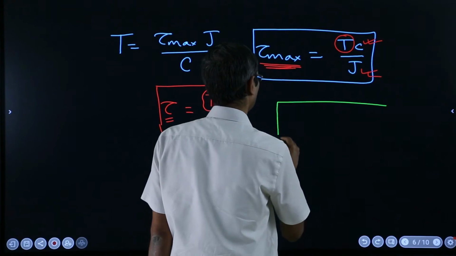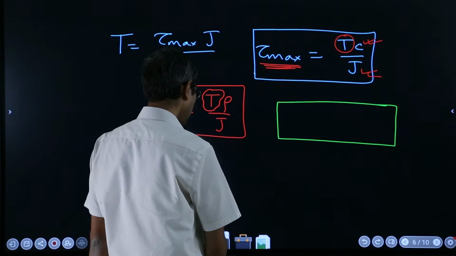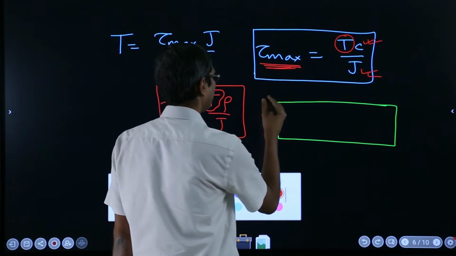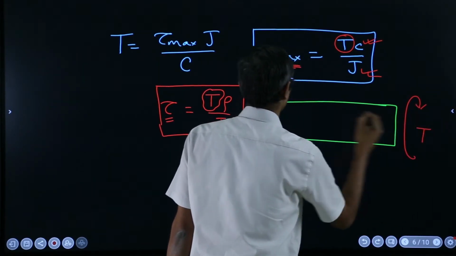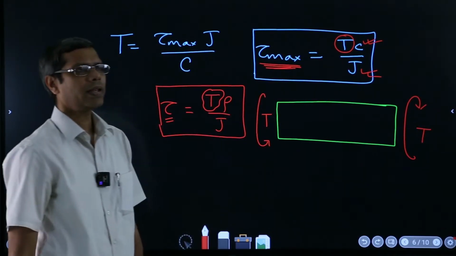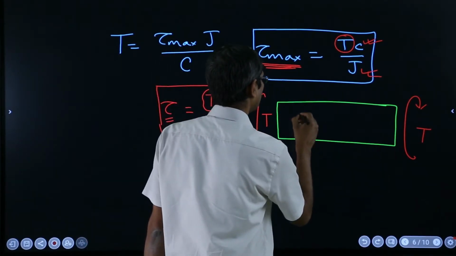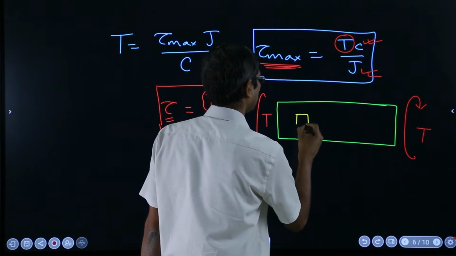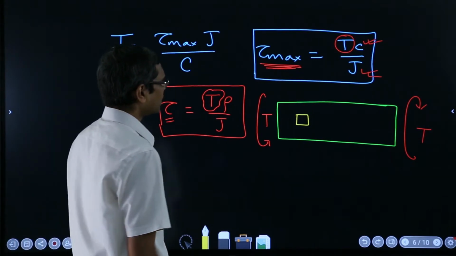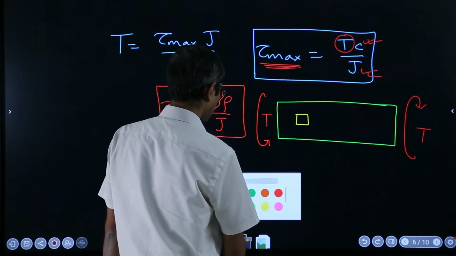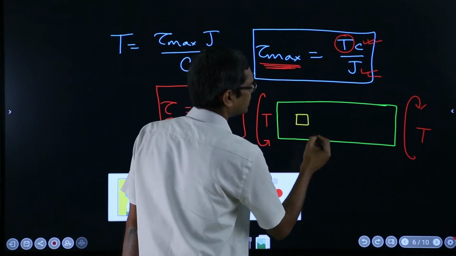Suppose I draw the side view of the cylinder, and in fact here you have applied the torque maybe, and just consider an element on the surface, a small element on the surface of the cylinder. Okay. Now, we know that the shear stresses will be acting.